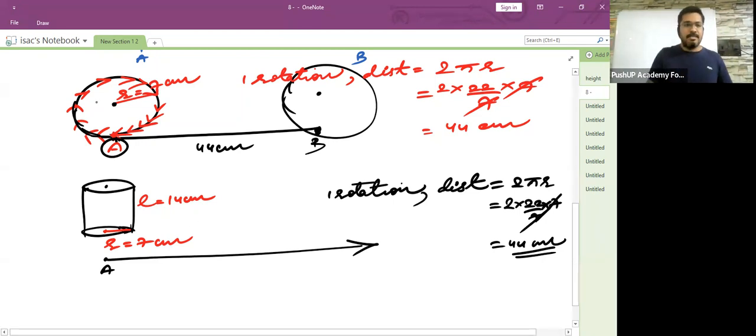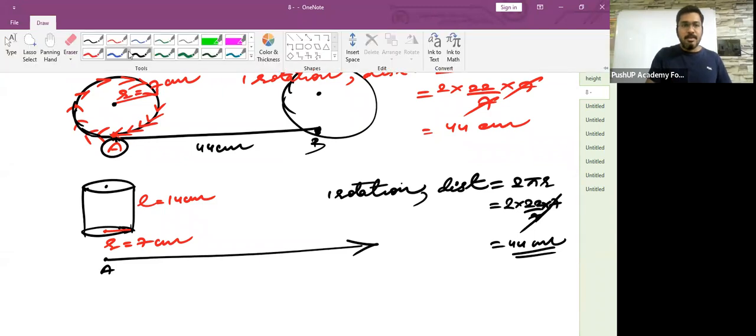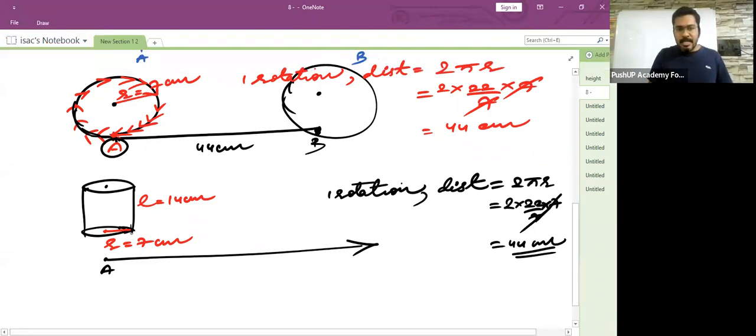My question here is, pay attention. The cylinder has started moving, and it has reached some point.